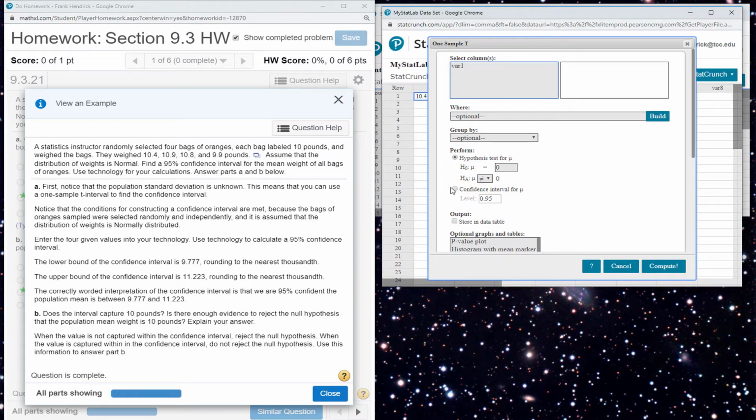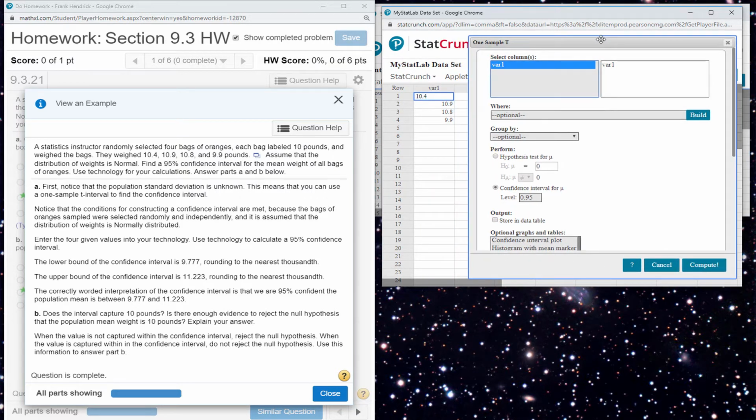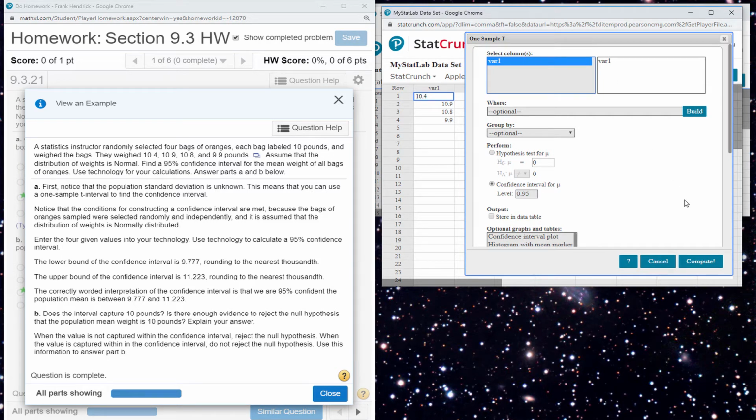I'm doing a confidence interval for 95, and I want to select the variables I want to look at. var1, because that is the var1. Then I want to compute the area. Find the interval here.